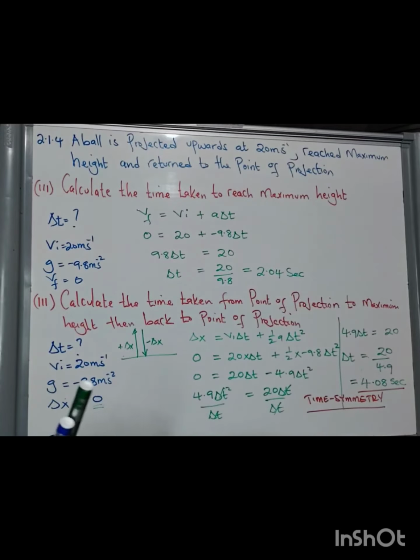Remember, we found the time taken to reach maximum height, and we found it as 2.04. So if you multiply this by 2, you are supposed to get the time for the entire journey if the object under consideration returned to the point of projection. So what do we get here? We're going to get 4.08 seconds.